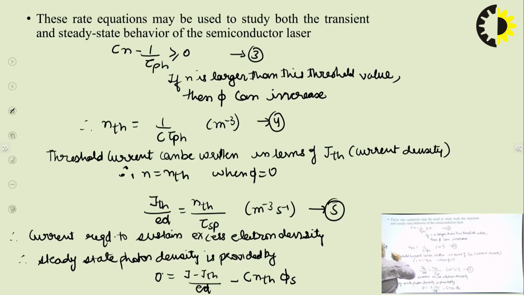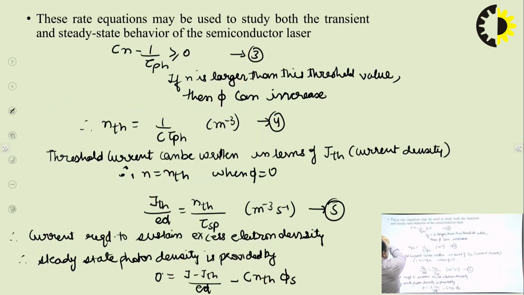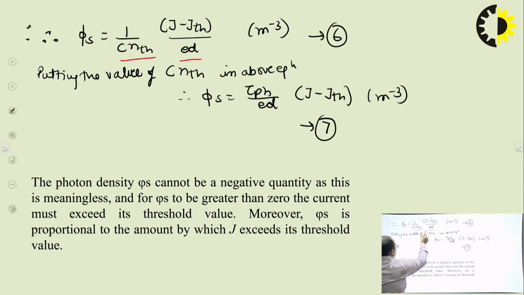Now put the value of C into nth. Where C into nth was there? C into nth is 1 upon tau ph. So put this value. You will see here C into nth is equal to 1 upon tau ph. Put this value, that is tau ph upon ED, J minus JTH. So minimum threshold.